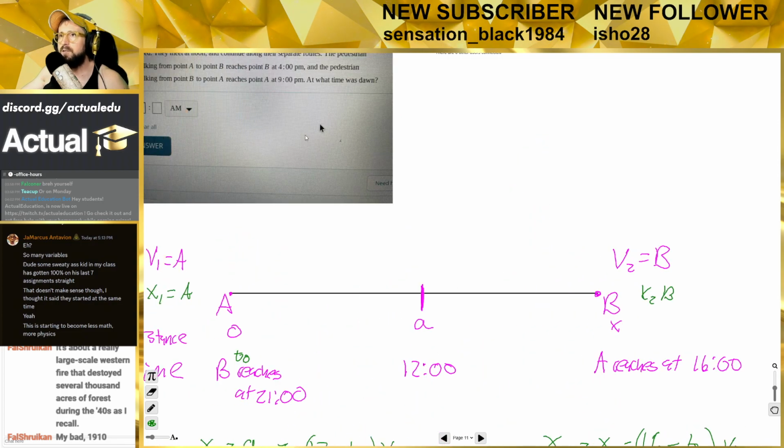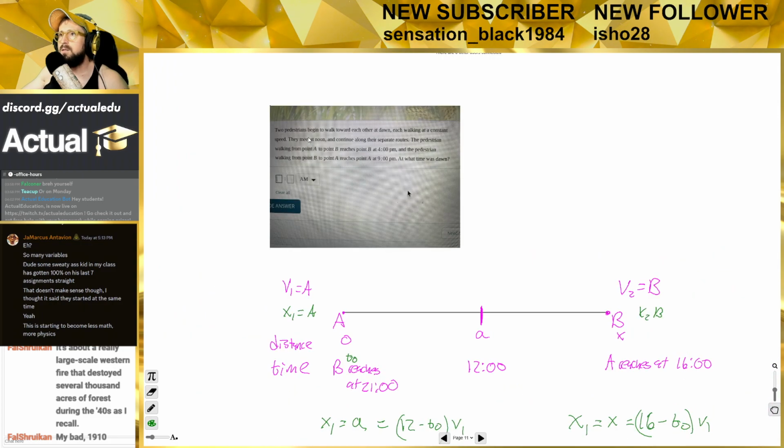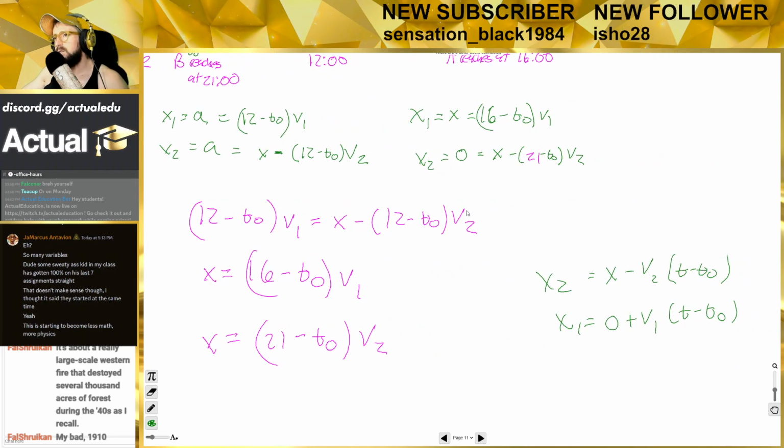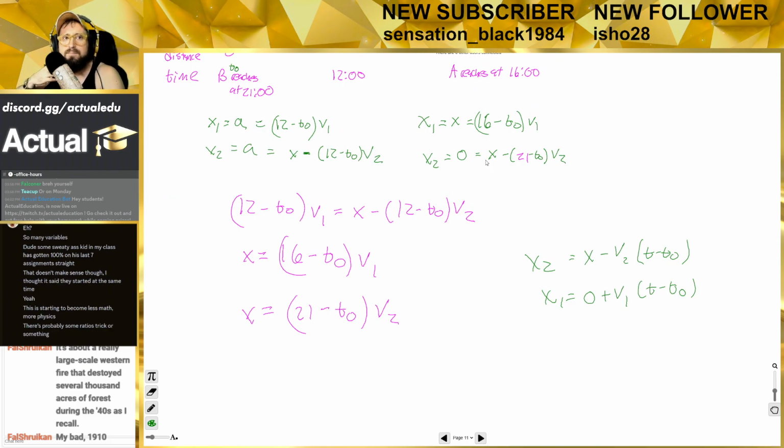Let's see if there's something else I'm missing. Okay, I just need to get T0 though. No, I don't know if there's a ratios trick. Again, if V1 equals V2. How would V1 equal V2?